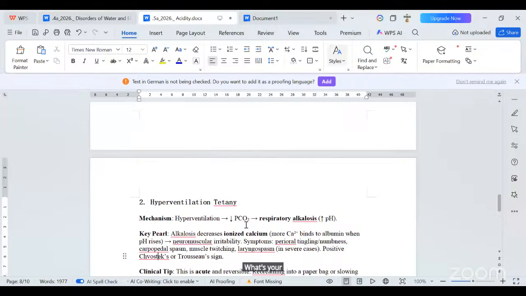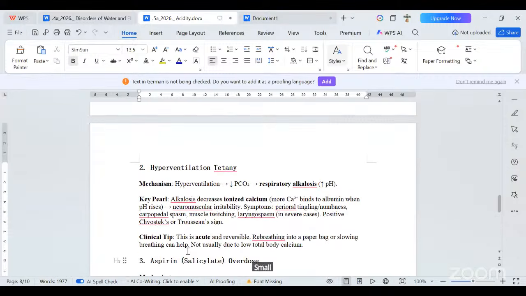Carbon dioxide. Reduced level of carbon dioxide results in respiratory alkalosis. And when this happens, more calcium binds to albumin, and there is neuromuscular irritability. Small change in pH leads to what? Big problem.